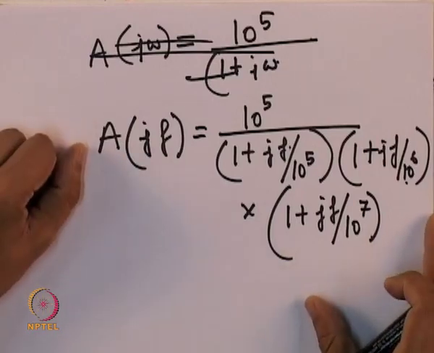So if I draw the Bode plots for this particular transfer function, this, mind you, is the open loop transfer function. So the Bode plot will be something like this.